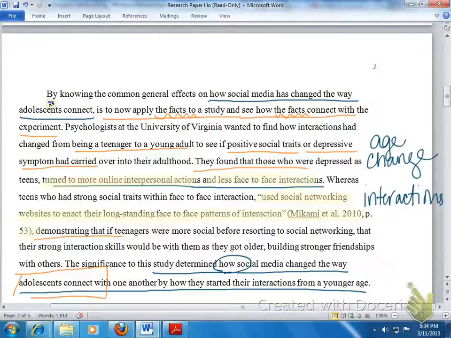But those who were not social face-to-face, they actually changed their behaviors and became really more social, but using online places. It's kind of what I think they're saying, if I'm understanding their evidence correctly. So what social media is changing isn't just all adolescents, it's groups of adolescents. And that's what this is showing, but that's not being unpacked for us as well.